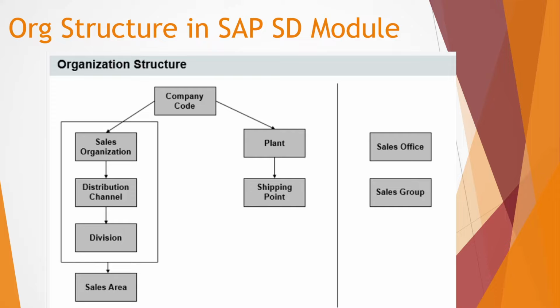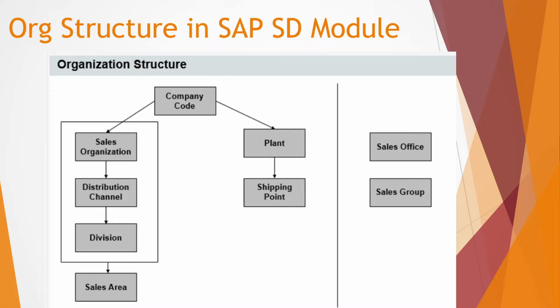Now we are talking about org structure in the SAP SD module. SD means Sales and Distribution module. That is a separate module. So what all things does it have? You have company code, then on the other side you have plant and shipping point, and on the sales org side you have sales org, distribution channel, and division, which combined become your sales area, which you see in the customer master, as in extension of the customer master to a particular sales area.